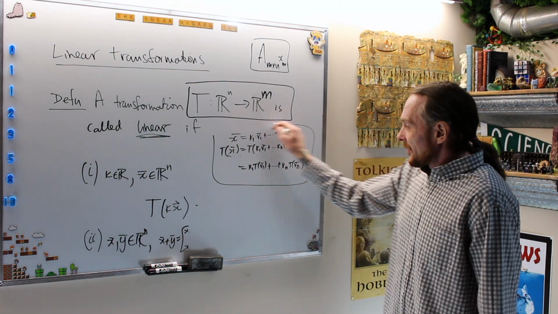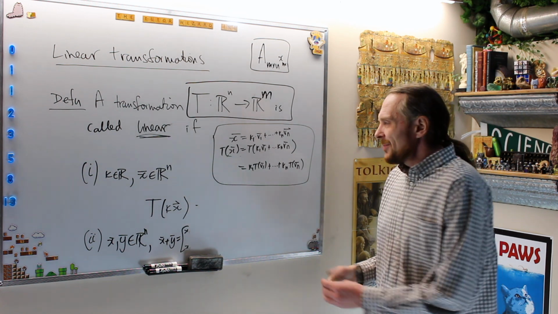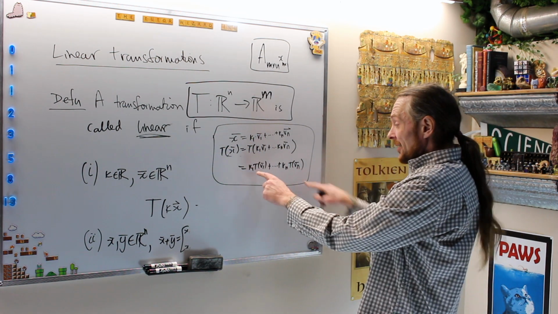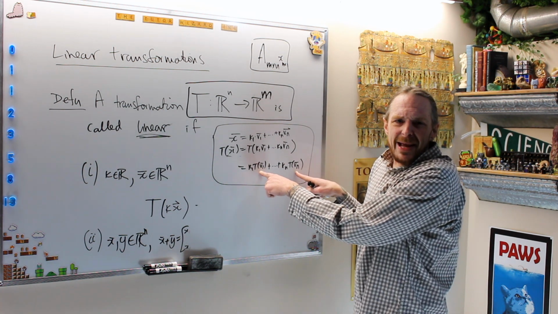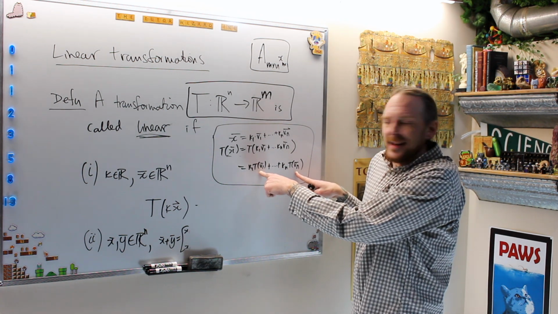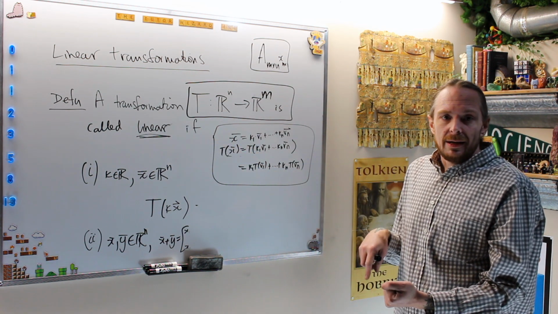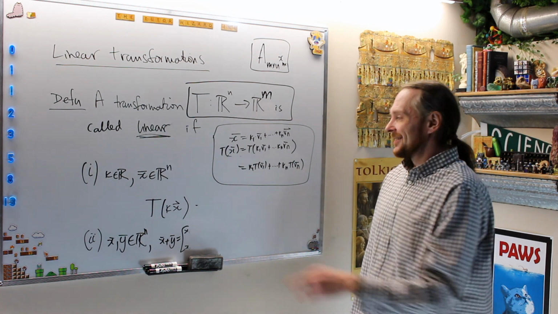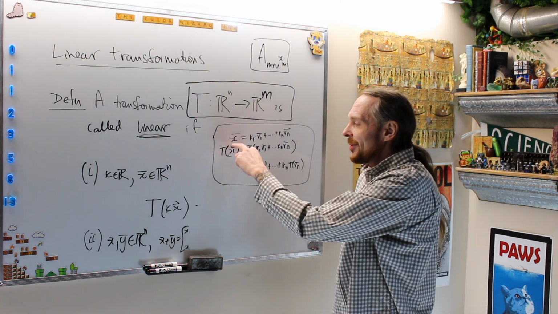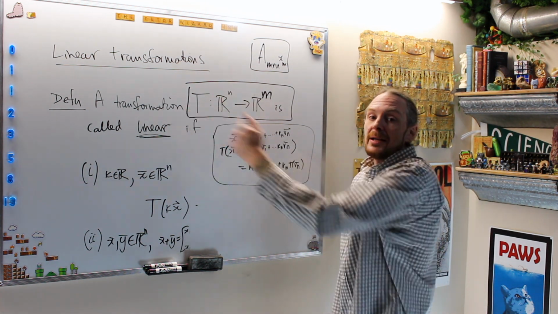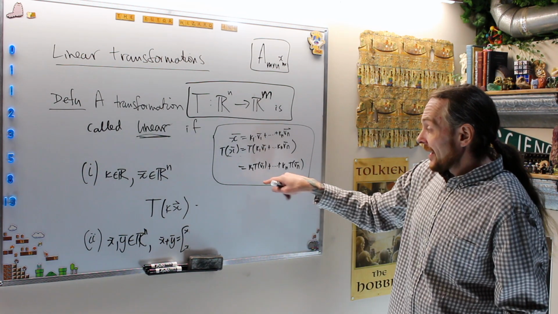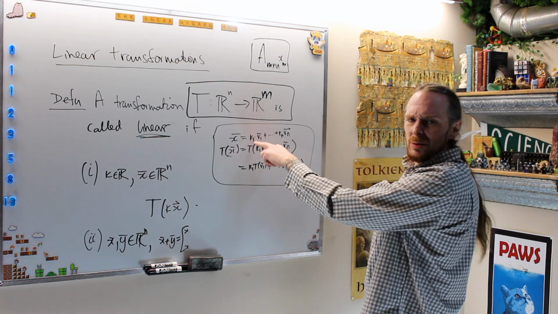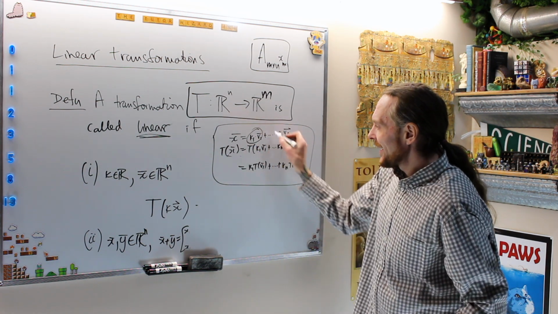This is why it's so important. This says that to know where T moves any arbitrary point, if I have a basis, and it preserves this, all I need to know is where that operator moved the basis vectors, n guys, and I know where everybody moves under that operator. Again, that's weird to say here in rhetoric, but what that says is to know where an operator moves every point in n space, all I need to know is, if I have a basis for that vector space, I can write every vector as a combination linearly with the two linear operations, scalar multiplication and addition.